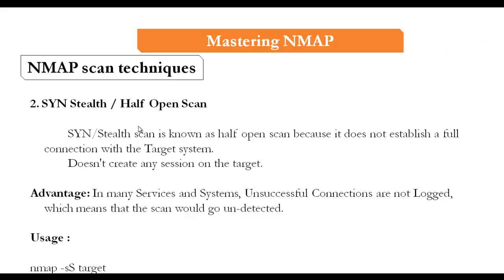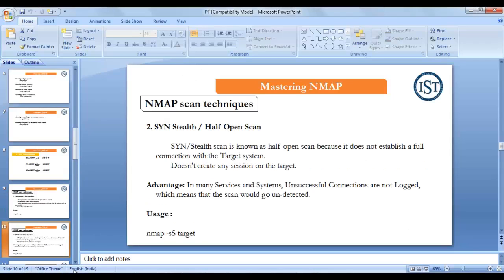It is known as the half open scan because it doesn't establish a full TCP handshake with the target system, and it doesn't create any session on the target, so the logs of the scans we are performing will not be recorded on the target system. This is the advantage of the SYN stealth scan, and the usage is nmap -sS target.